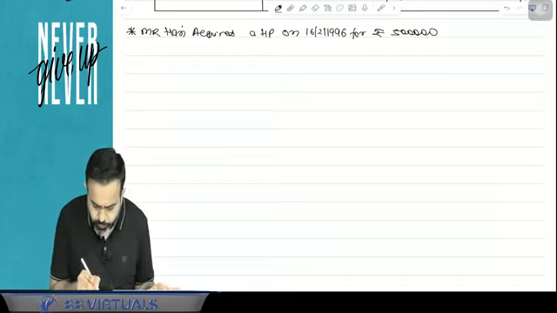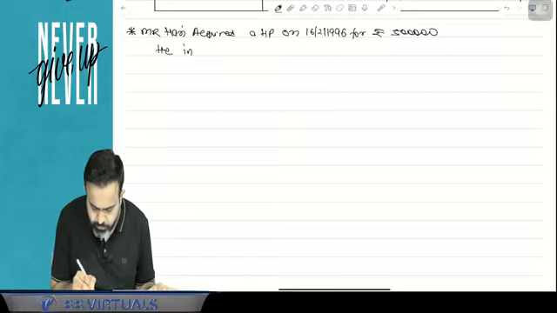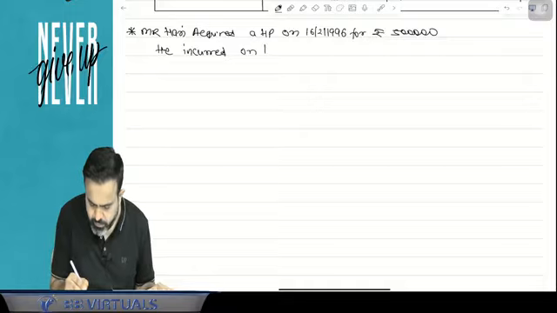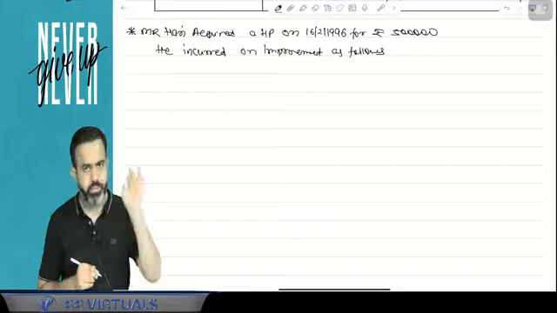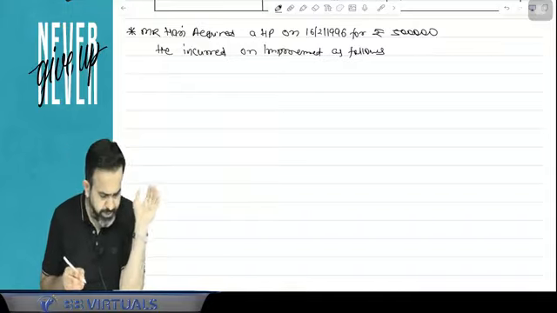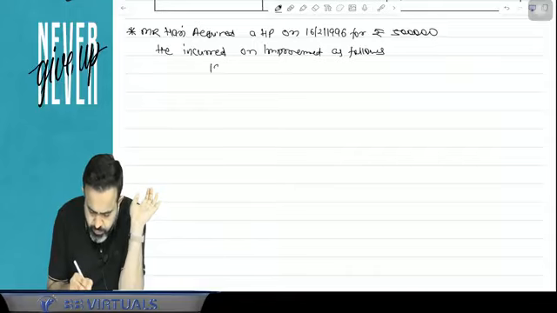He incurred improvement expenditure as follows. So he did some improvement, and that improvement is as follows.